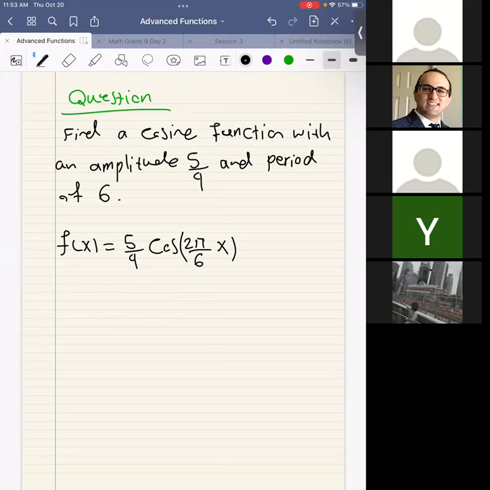Now, what if I tell you that you have also a maximum point at x equal to 1? So what if x of maximum is equal to 1?